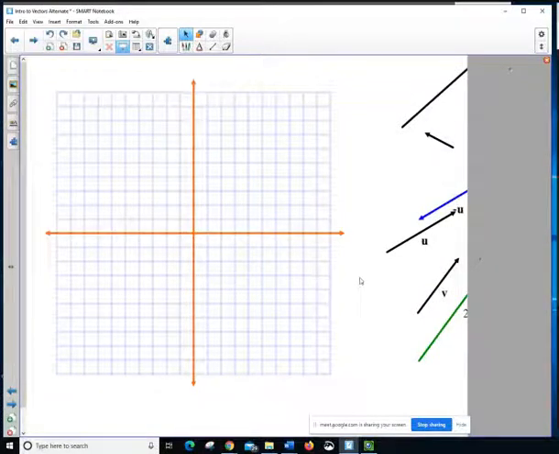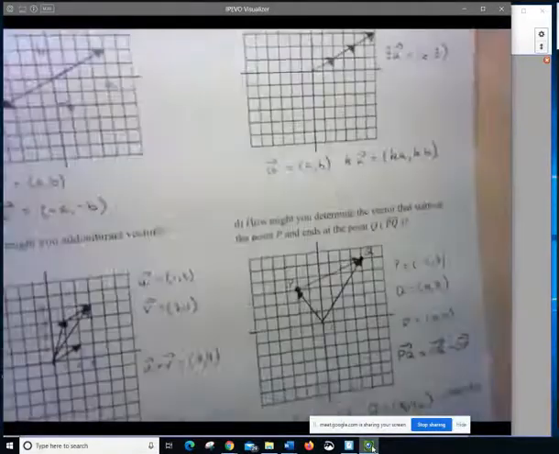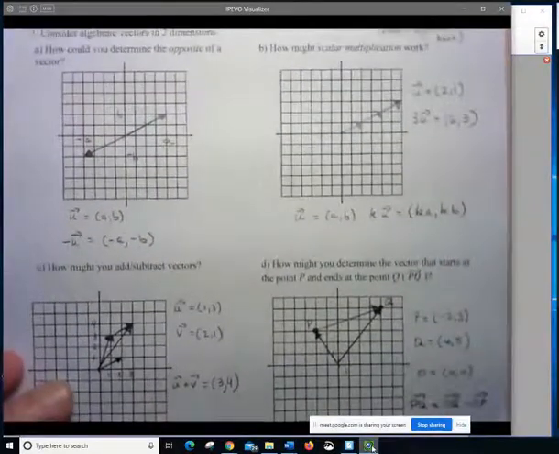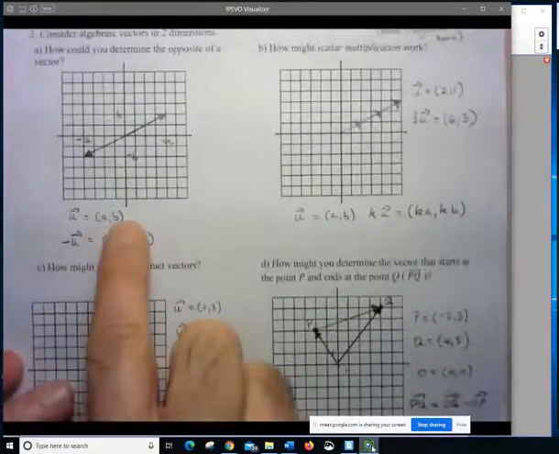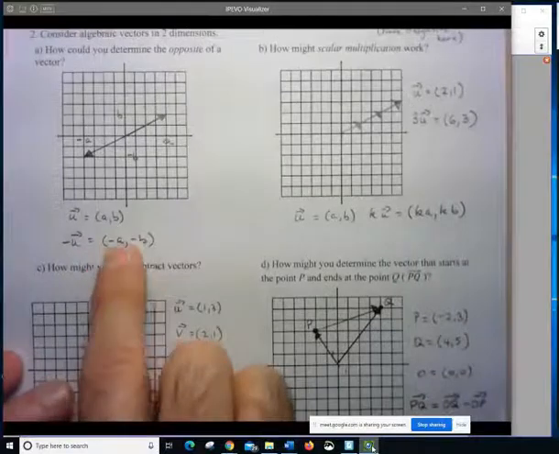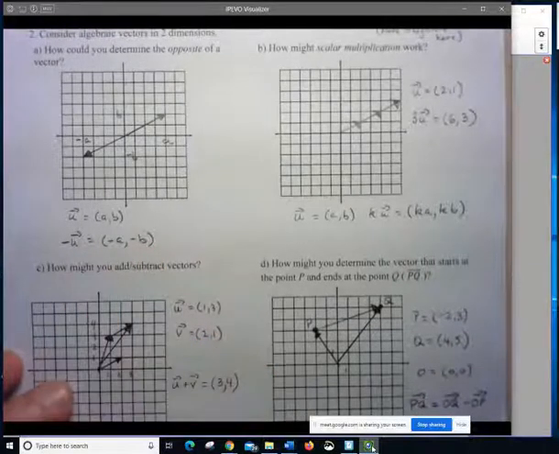Okay, so far what we've essentially seen is that if you want to take the opposite of a vector, it's just a matter of taking the opposite of each individual term.